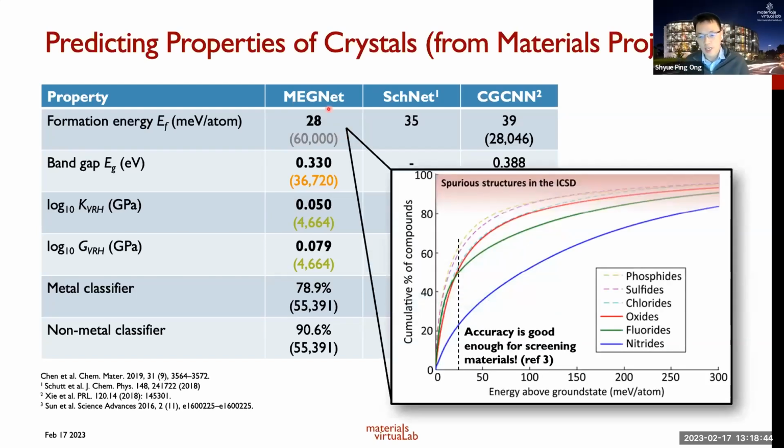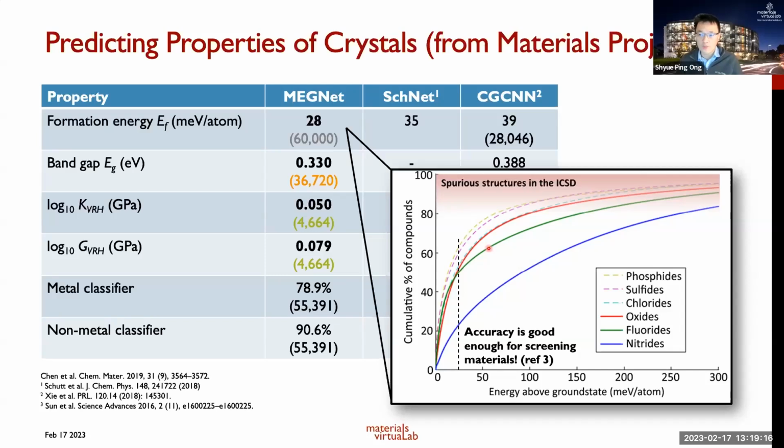This is a statistical analysis that was done by Professor Wenhao Sun back in 2016, where he took all the crystal structures in the Inorganic Crystal Structure Database and plotted the energy above ground state versus the total number of compounds in the ICSD. What he found was that about 80 to 90% of those compounds fall within about 100 meV per atom of the ground state.